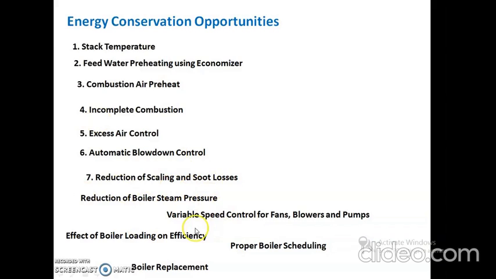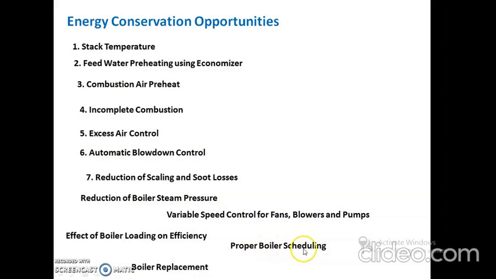Then employ variable speed control, VFD, for the fan, blower or pumps of the boiler. Then the effect of boiler loading on efficiency, which you also have to diagnose in detail.